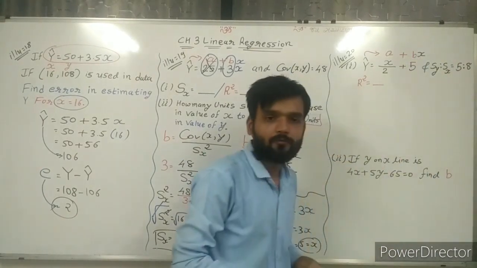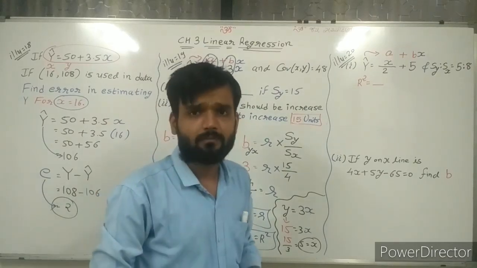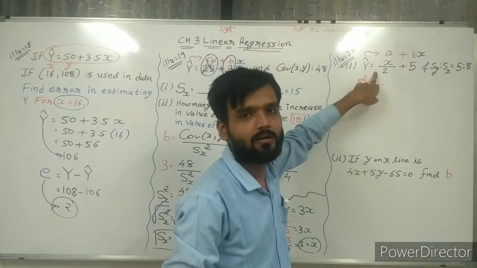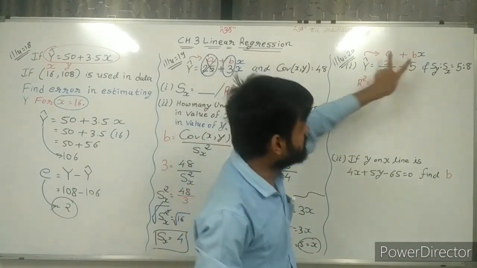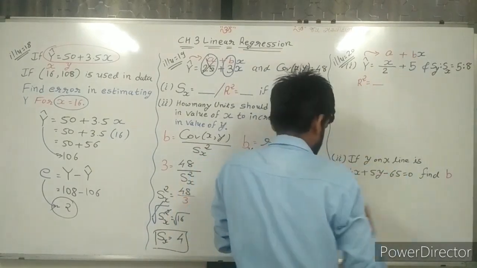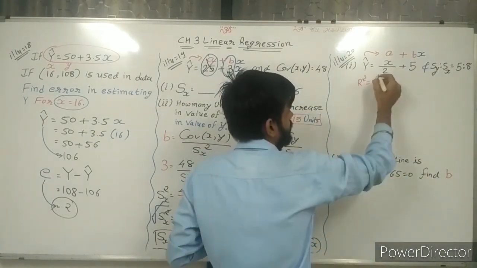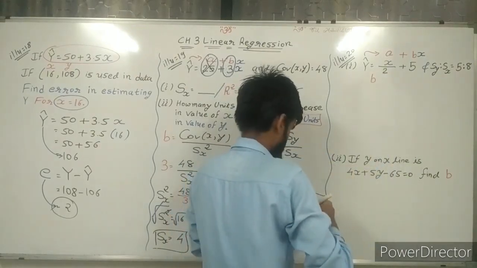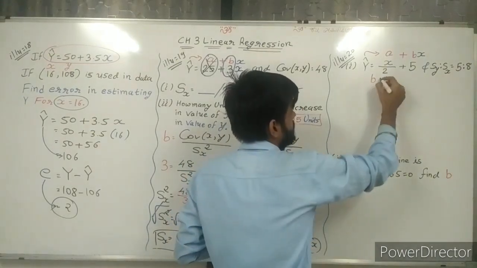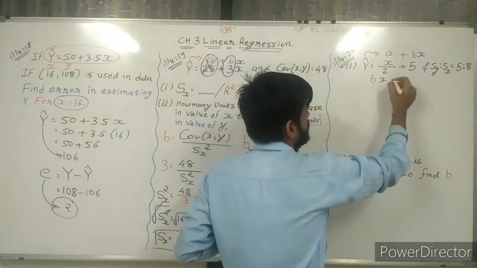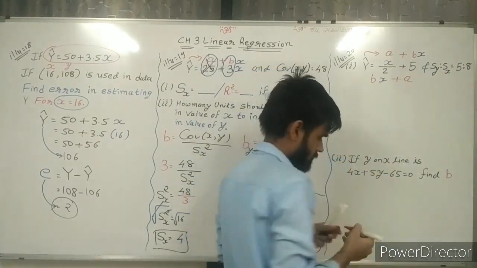This is the formula of y cap. But sir, here x is not given, x is given here. So change it. Don't worry. First write this. So here I am writing first bx plus a.